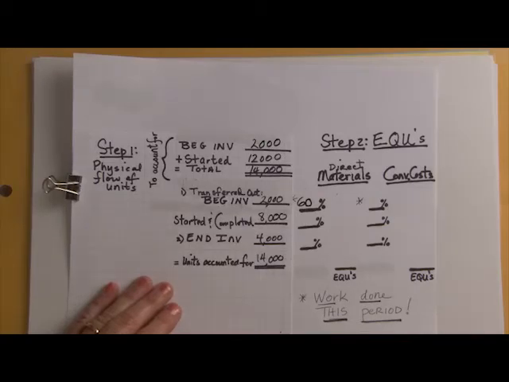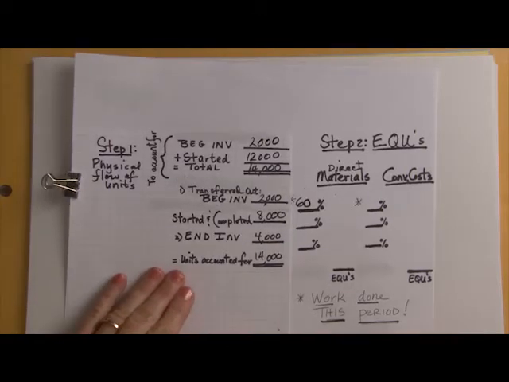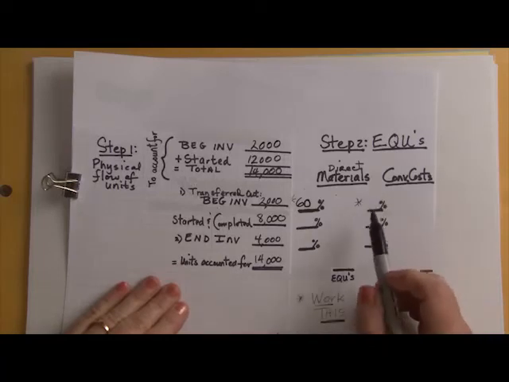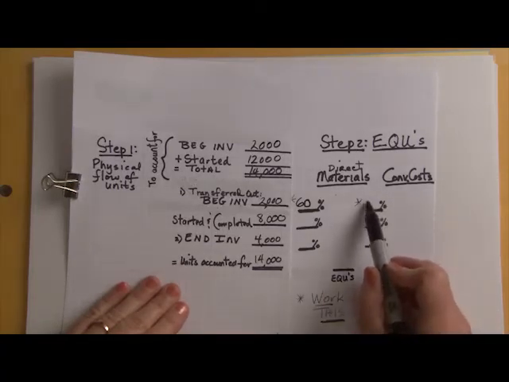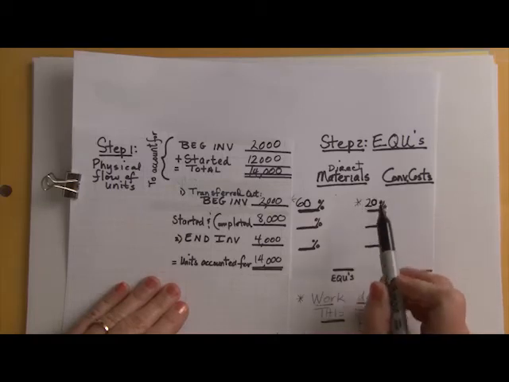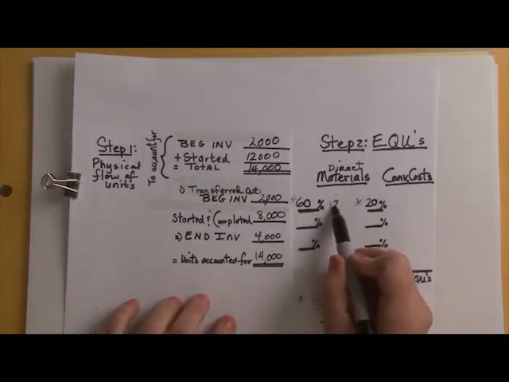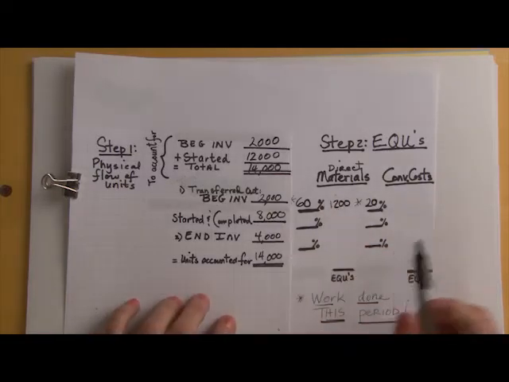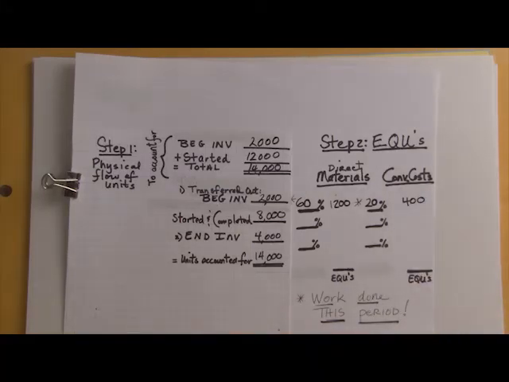In terms of conversion costs, the problem says the beginning inventory was 80% done. So in this case, if it's 80% done when I start the period and I finish it this period, I must be doing 20% of the work this period. So if we do the calculation, this becomes 1,200, this becomes 400 EQUs.